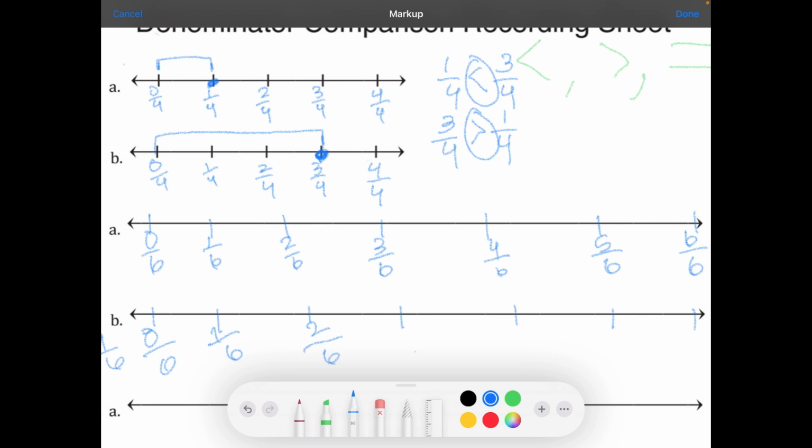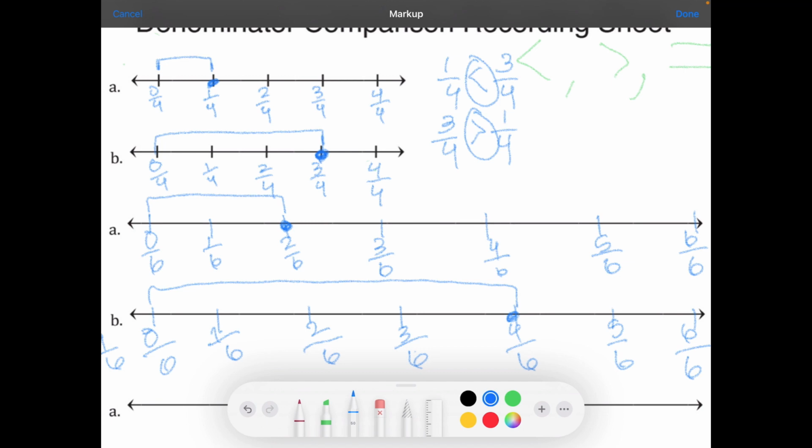And then you are going to mark where they are on your number line and see which is greater than the other. So if we have 2/6 and we have 4/6, we can draw our little bar to see how much greater 4/6 is than 2/6.